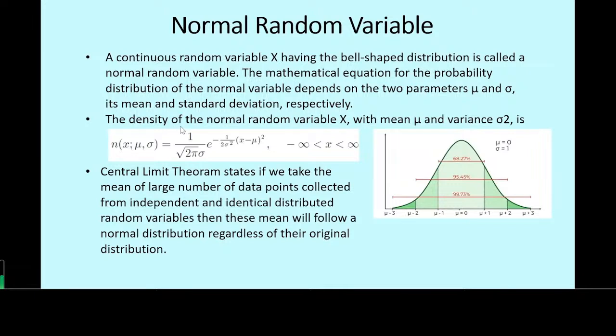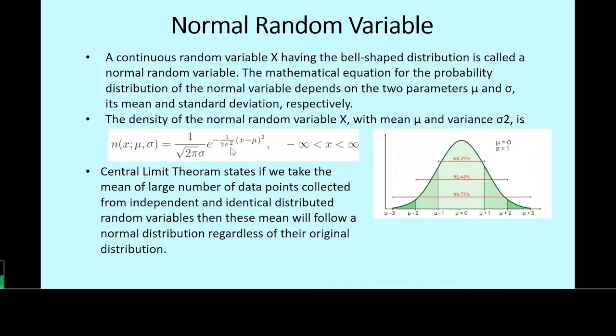The density function of the normal random variable with mean mu and variance sigma squared is n(x; mu, sigma). X represents the normal random variable. The density function has a factor in the denominator of the square root of 2 pi times sigma, and it is multiplied by the exponential function.